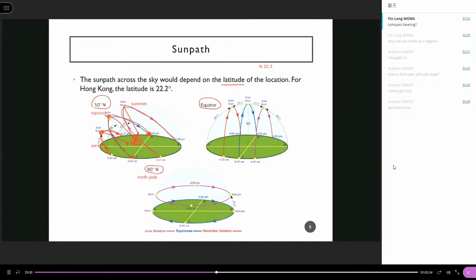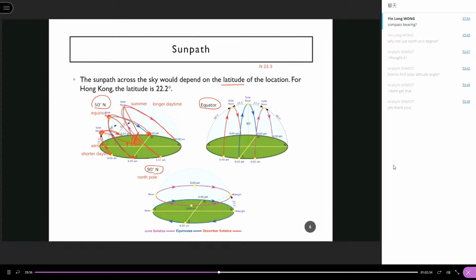So from the length of the sun path, you can guess that in the summer it has a longer daytime, and in the winter it has a shorter daytime, right? The length of the sun path is shorter, so the daytime will be shorter in the winter.